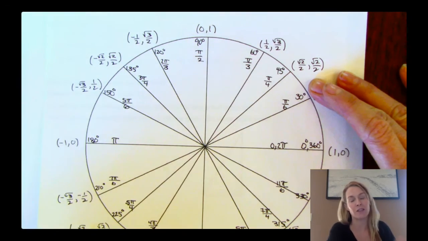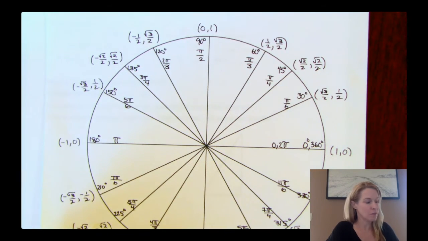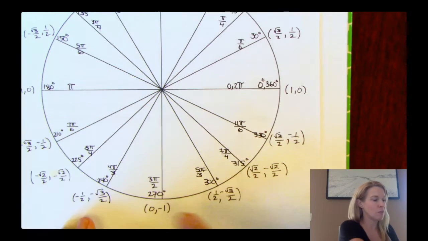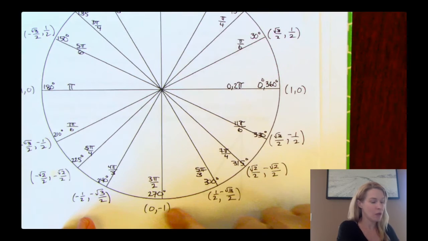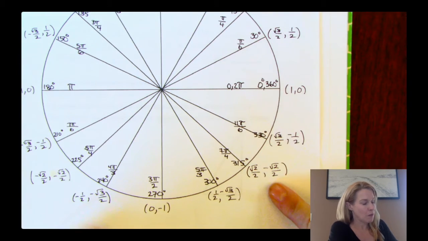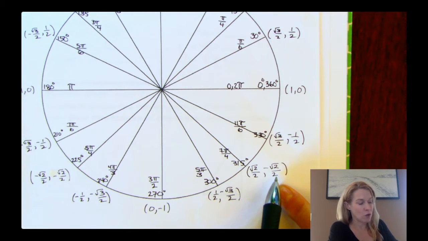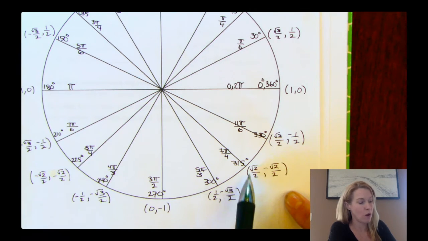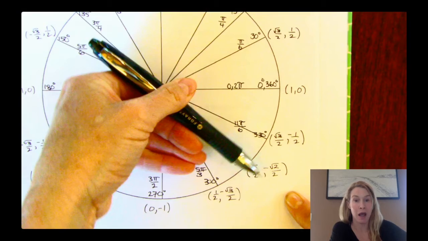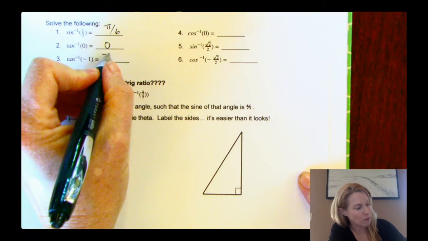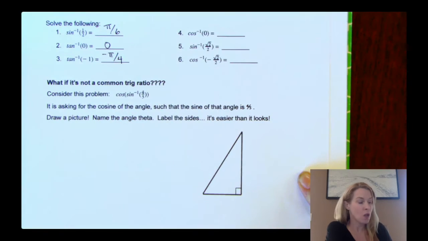Remember, tangent has the same range as sine, so it's going to be from negative to positive pi over 2. And of course, my sine over cosine, my negative root 2 over 2 over positive root 2 over 2 is going to give me 1. And so I'm looking at negative pi over 4 is my solution for that problem.